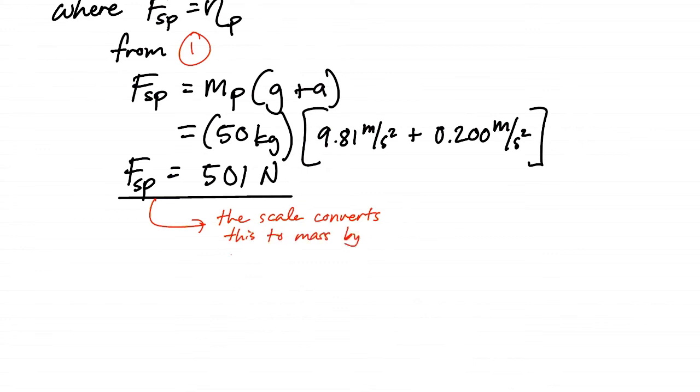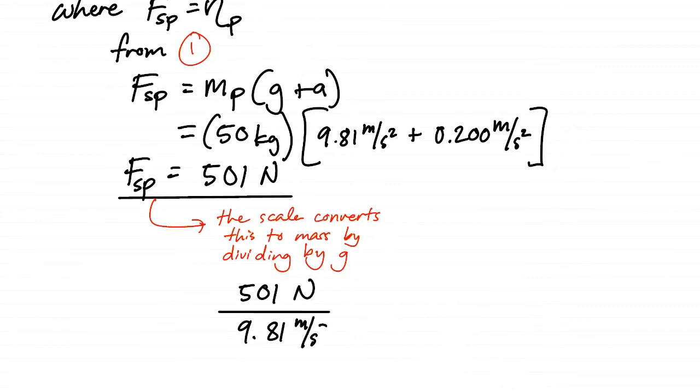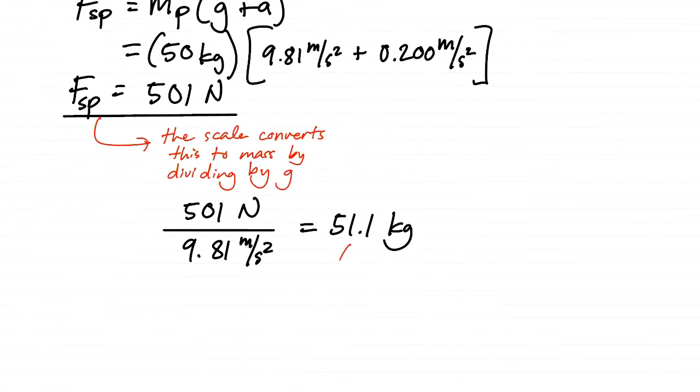So, in order to do this, it will divide yung value ng force na ito by G. So, we have the force, 501 newtons. Then, divide lang natin acceleration due to gravity. So, ito yung ipapakita nung weighing scale. Plugging that in to our calculator, you should get 51.1 kilograms, which is actually heavier than the actual mass of the person, which is 50 kilograms.